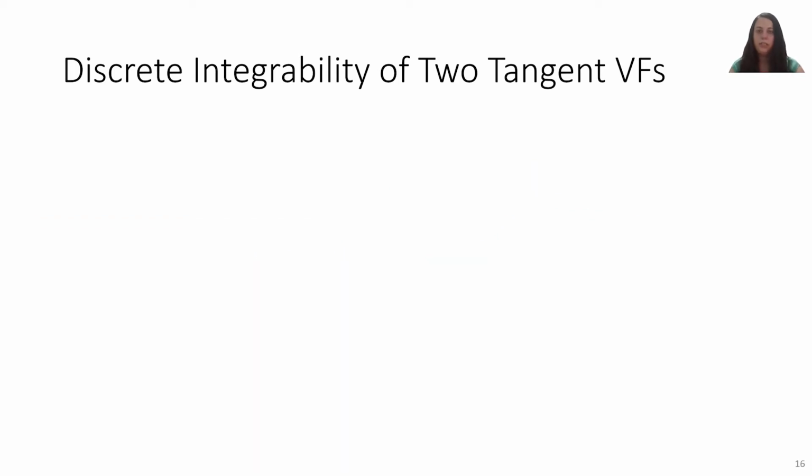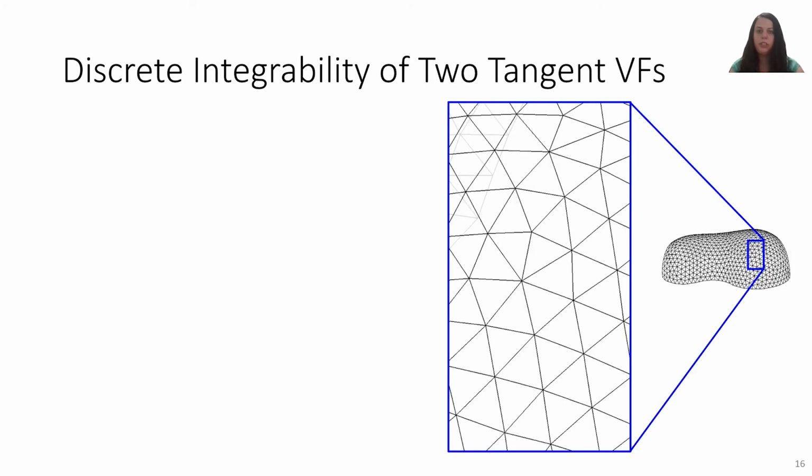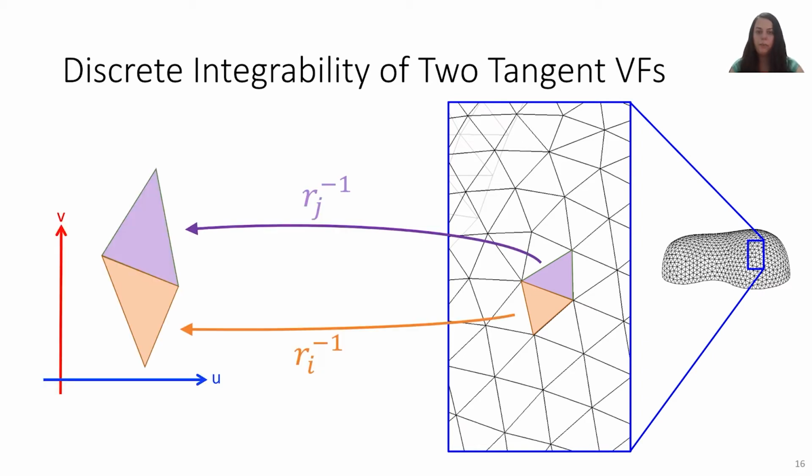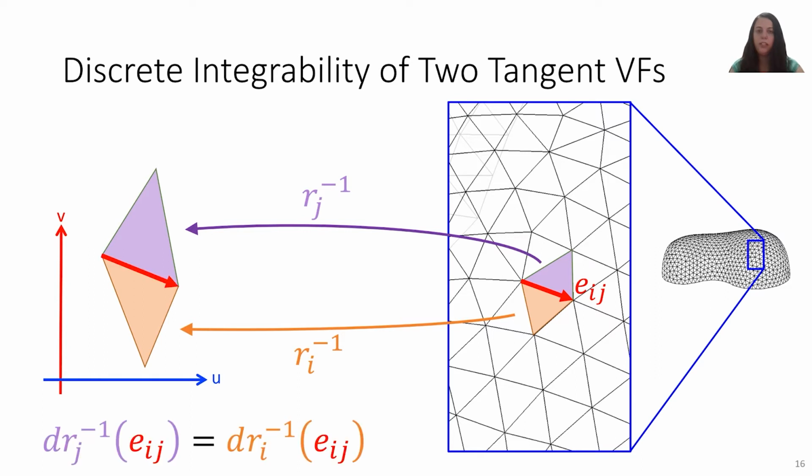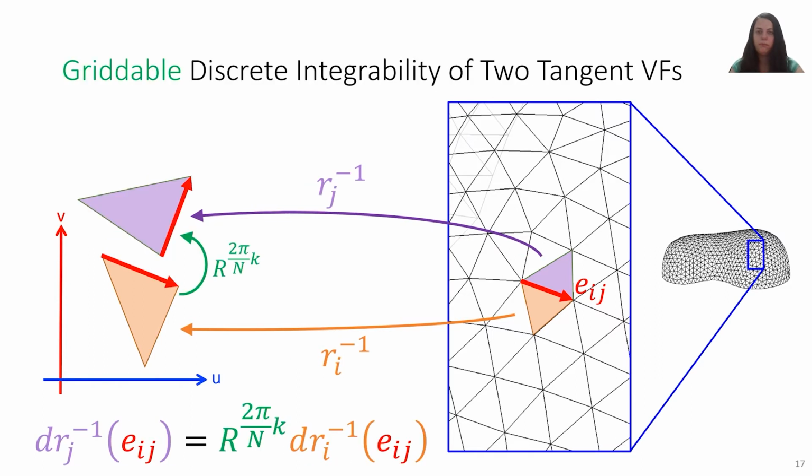Discrete integrability means that if we zoom in on our surface and consider 2 adjacent triangles, they each have their own map R to the plane, which we denote by Rj and Ri. Now, consider the common edge Eij. These 2 maps are integrable if they agree on the pre-image of the edge.